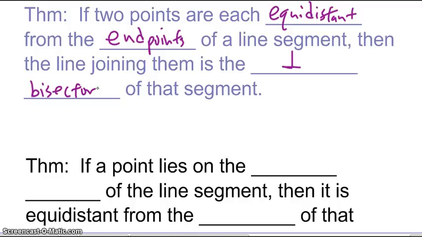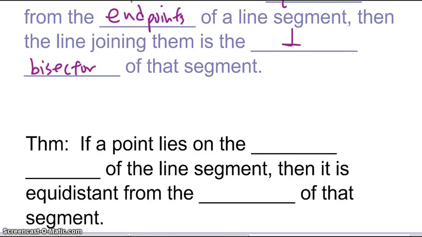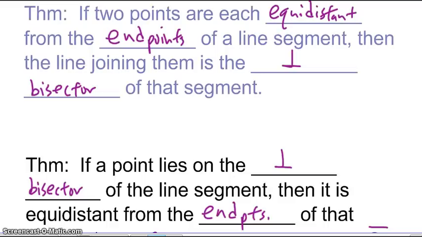And then we can go reverse with that as well. So if a point lies on the perpendicular bisector of the line segment, then it is equidistant from the endpoints of that segment.